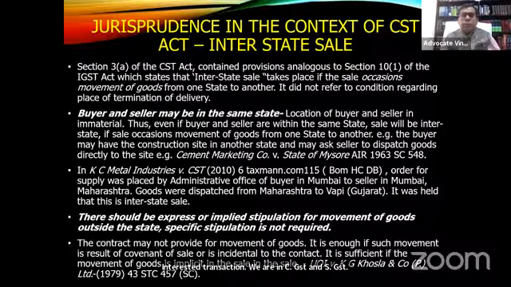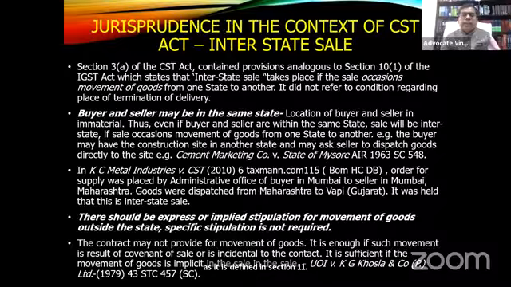Now let us look at some of the scenarios which arose in an analogous provision which existed in the context of the Central Sales Tax Act in the erstwhile indirect tax era. In the CST Act, Section 3A was almost analogously defined as it is defined in Section 10(1)(a).